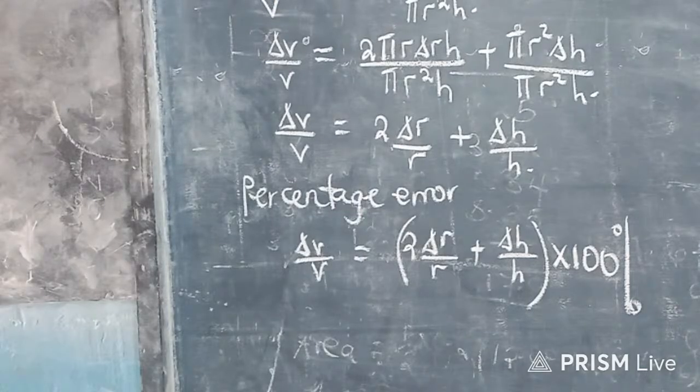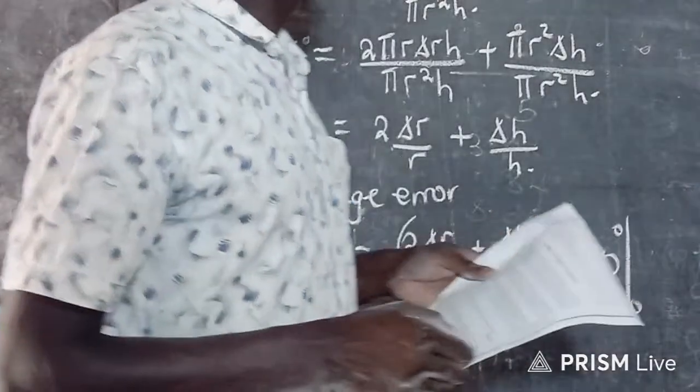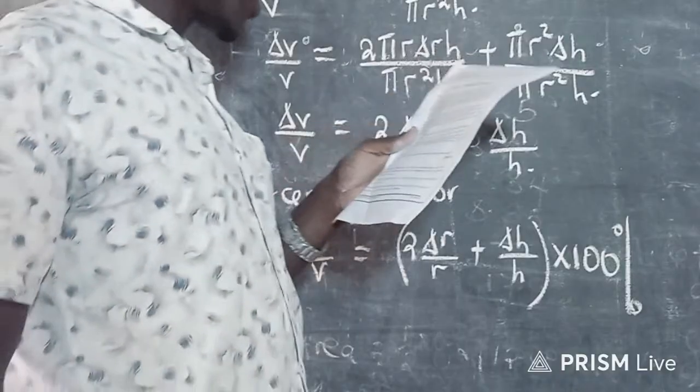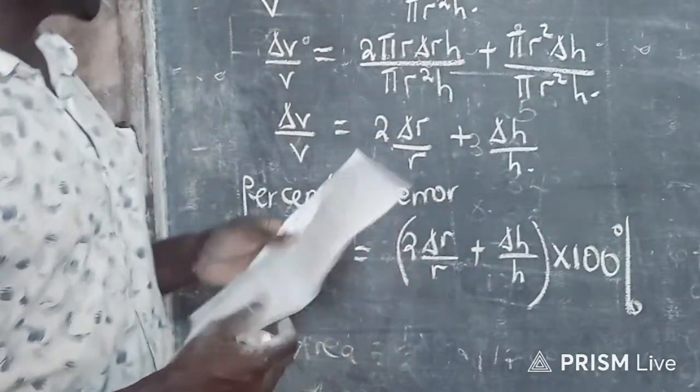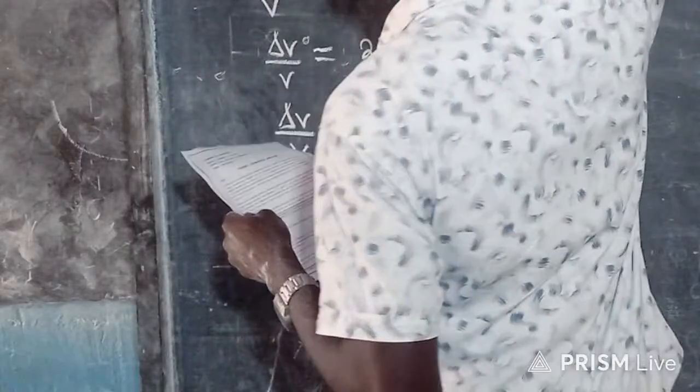Here they're telling us that it should be corrected to the nearest decimal place, meaning that the nearest decimal place will come from the number of DPs given here. Because we are not given the number of DPs, we are going to correct it to the nearest 1 decimal point.